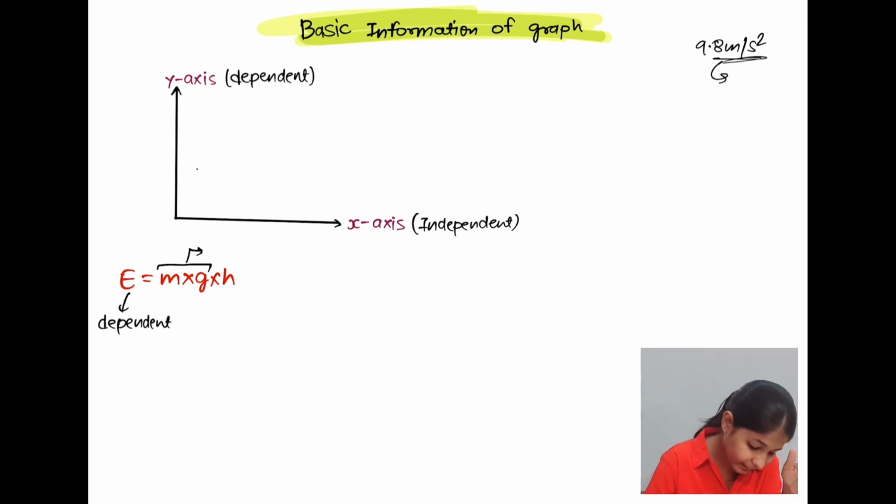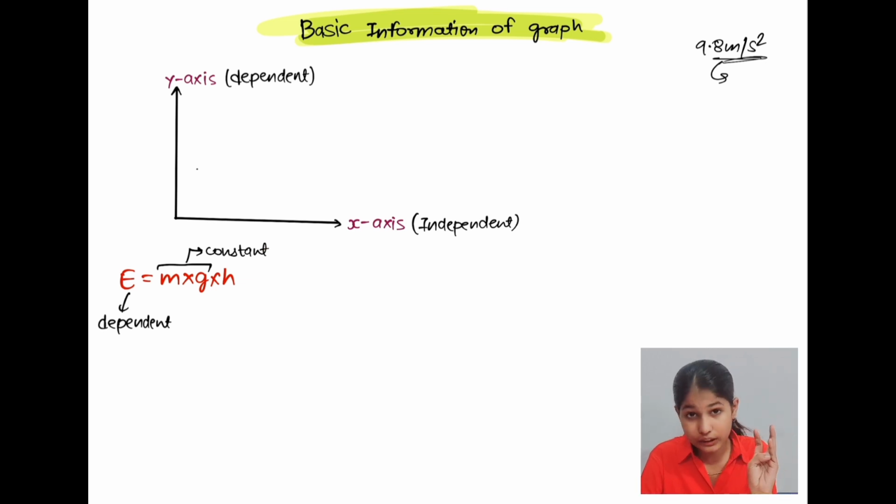So can I say that acceleration due to gravity and mass are constant? Yes. Now weight can change, mass cannot be changed. So mass is a constant value, but weight is variable. But here mass is given, not weight.